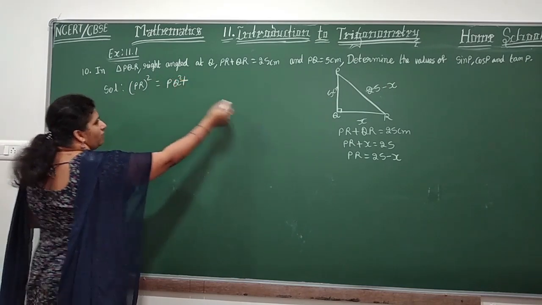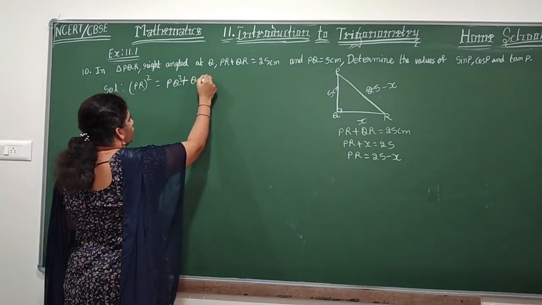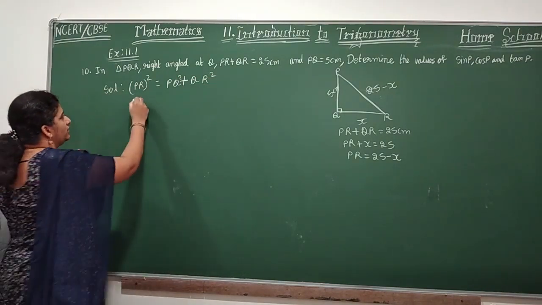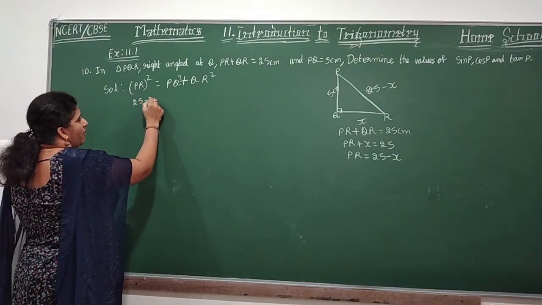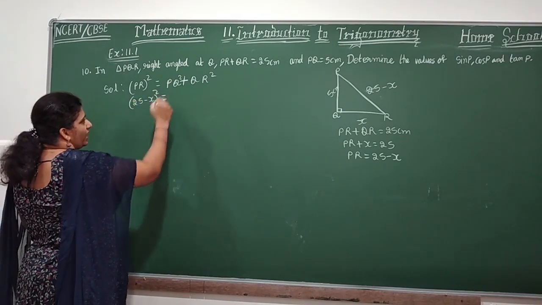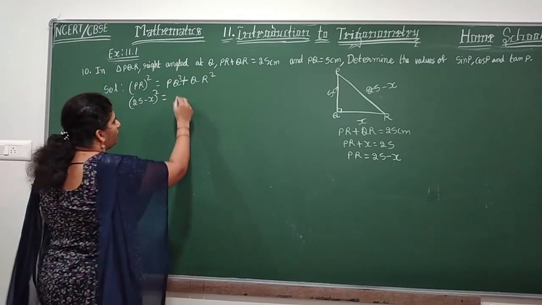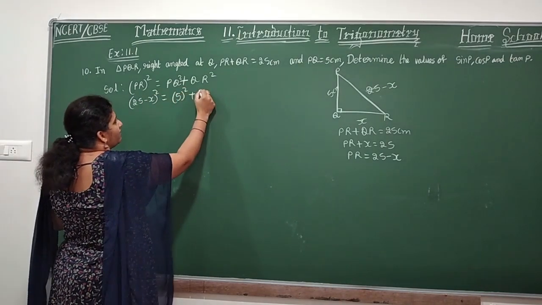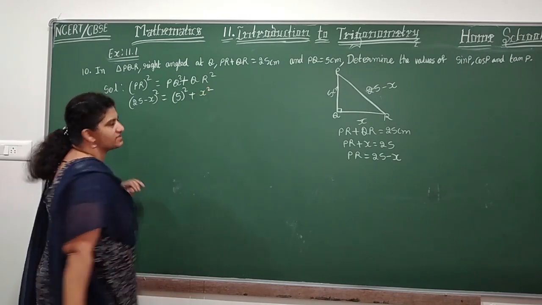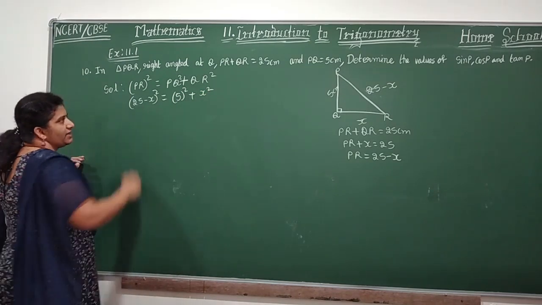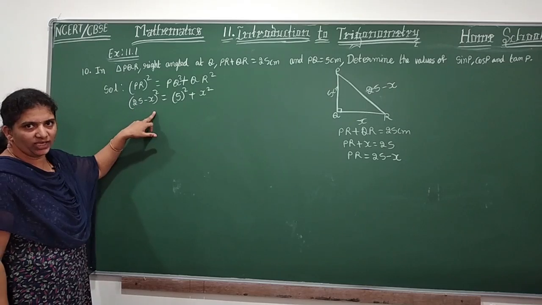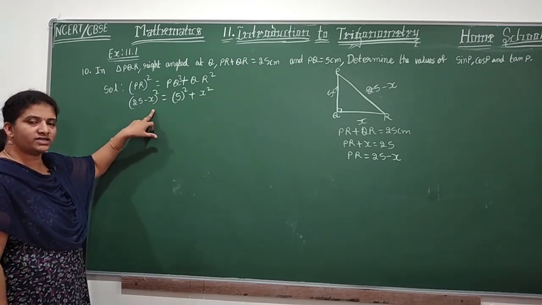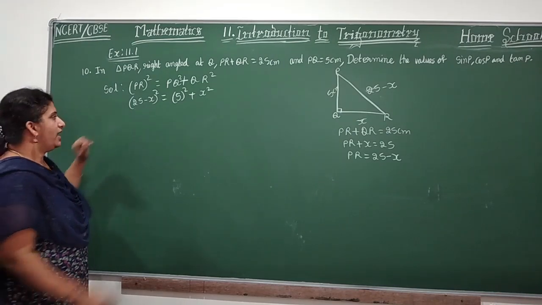PQ square plus QR square. Okay, what is PR, children, here? 25 minus x whole square is equal to, your PQ value is 5 whole square and your QR value is x whole square, that is x square. So now I can see some formula. Can you? Yes. A minus B whole square. What is A minus B whole square, children?